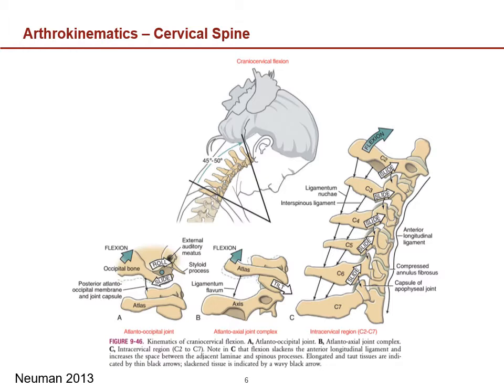And then the intracervical region, C2 through C7, has that same ipsilateral component where the sliding of one facet on the next is in the same motion as the physiological motion. And it's going to be a superior slide bilaterally.